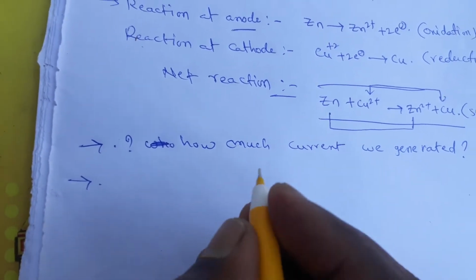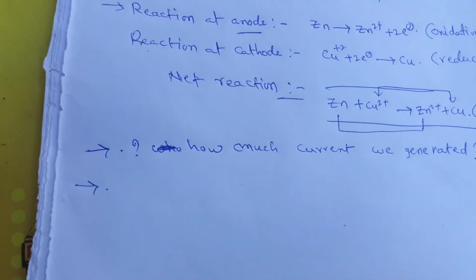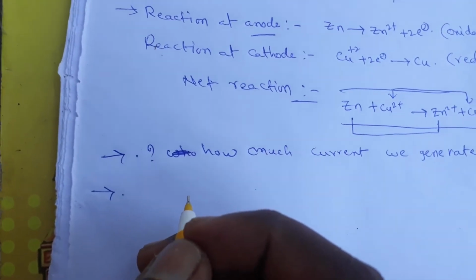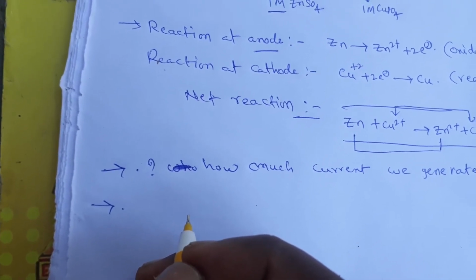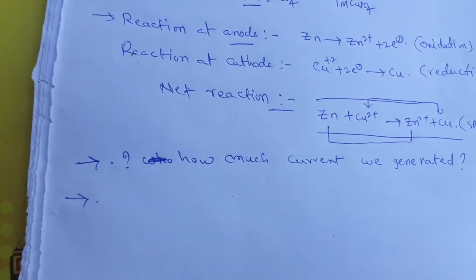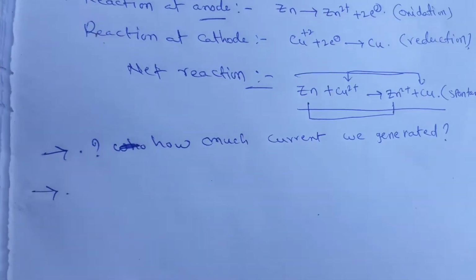The reaction which produces electric current is a spontaneous reaction. The reaction which takes place only after sending electric current from an external electric source is called a non-spontaneous reaction. So here we talked about spontaneous reactions.